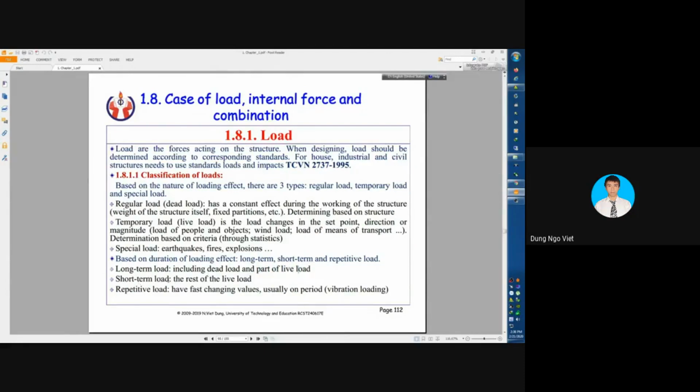The short-term loads are the rest of the live loads, the short-term live load. And repetitive loads are loads with fast changing values, usually repeated. For example, the vibration loading of a machine on the building.